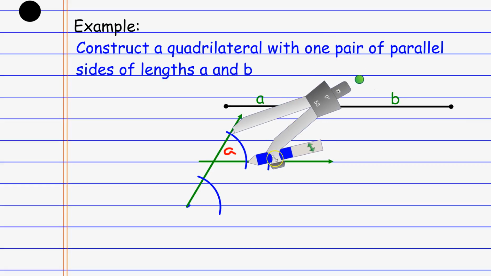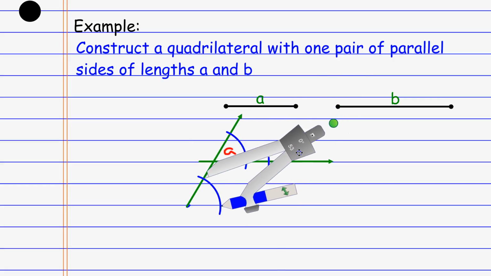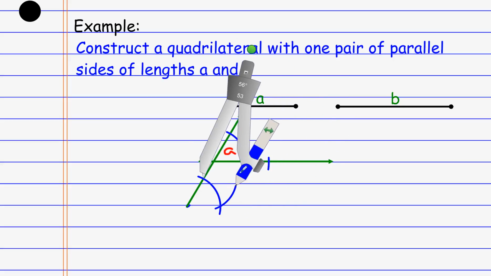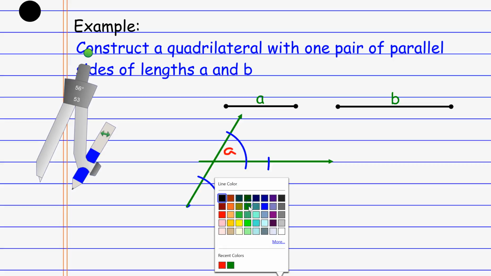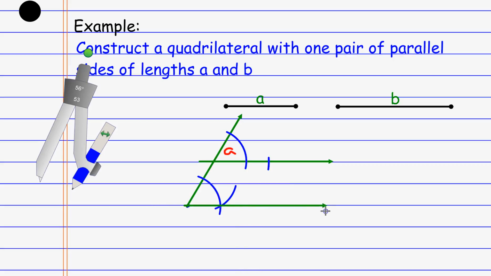Well, it looks like I'm just about spot on in terms of the measurement here. So now I transfer that measurement. And now I can draw my parallel line. So there's my parallel line.